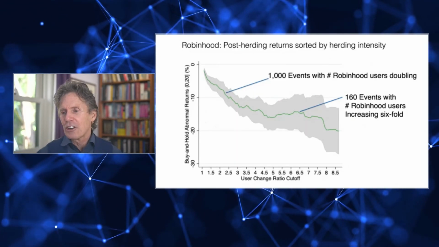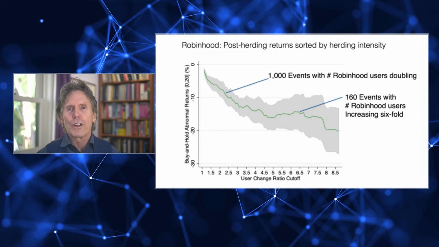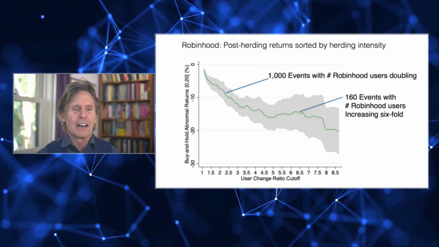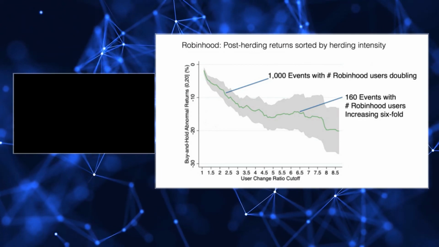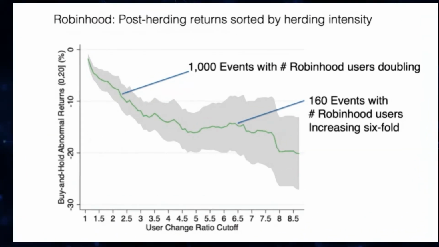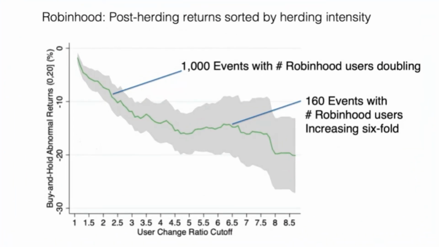So here's what we find when we look at thousands of events. We start off looking at about 25,000 events in which there was a substantial increase in the number of Robinhood users who bought a stock in a single day. And then we look at more and more extreme events.